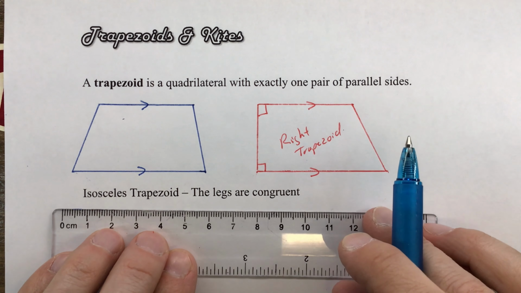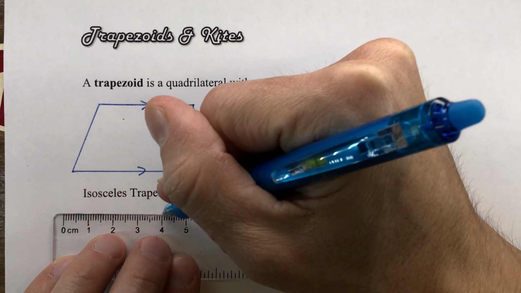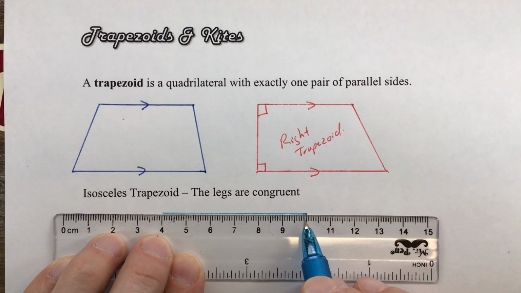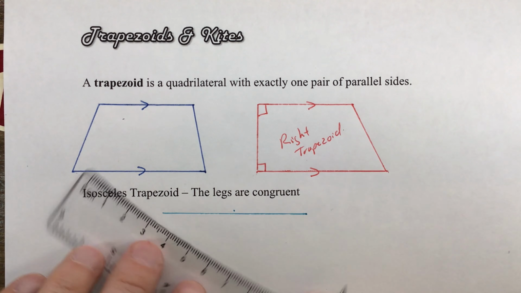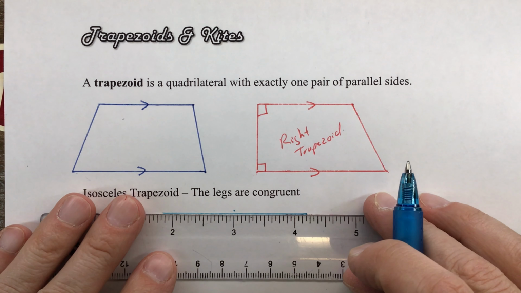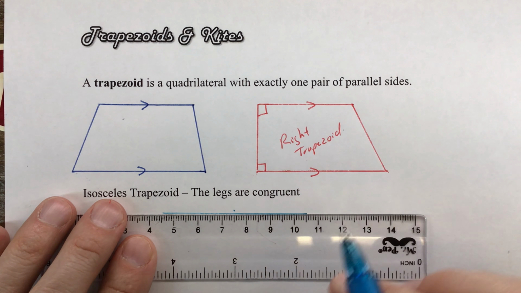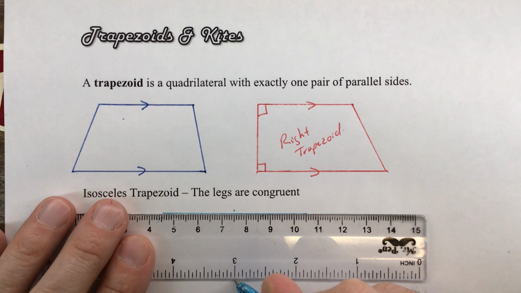Since my measurements on the opposite sides are weird, I'm going to have to probably just estimate some things here. I'm going to make the top 6 centimeters. That's probably longer than it needs to be, but what I want to do is know where my middle is, so then I can maybe flip this over. All right, the 3 looks like it's pretty close to underneath, right at the middle.